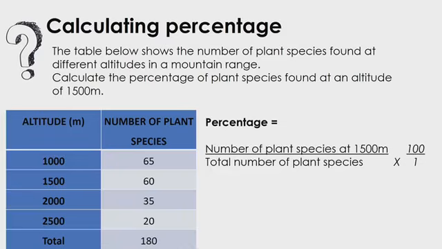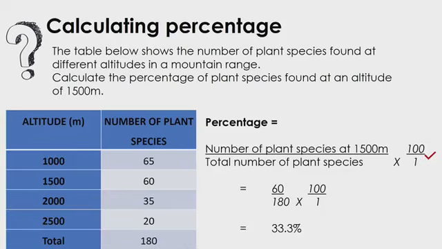Now, because we are interested in all of the plants that have been given, we are going to put that 60 over 180 to determine what percentage that particular height the plant present would represent. So we take 60 over 180 times it by 100 to get percentage, and that leaves us with 33.3%. And remember that unit here again.